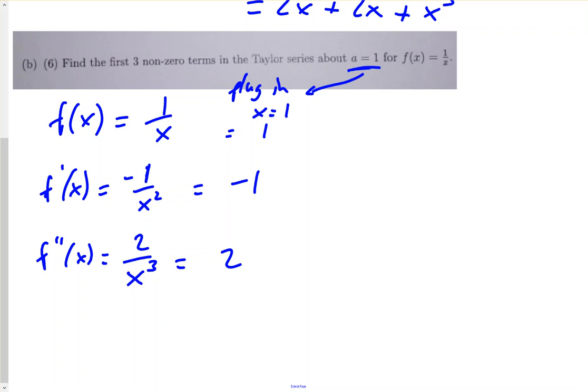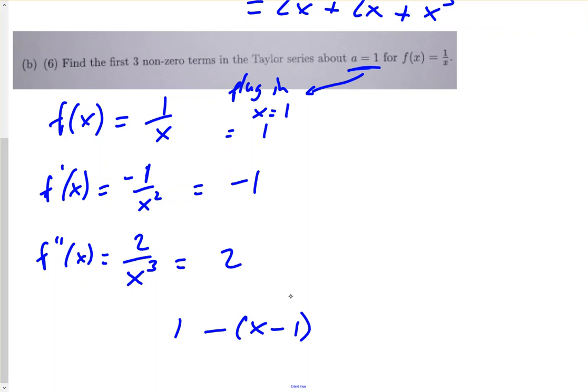So now let's plug into our Taylor series, and it's about a equals 1. So the first one, we take the coefficient here, it would be 1. And then for the next term, it would be a negative 1, so we have a minus x minus 1.